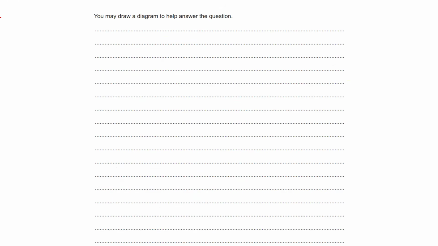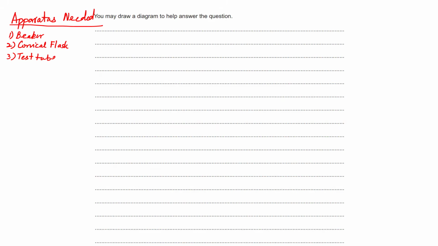So let me make a list on the side. Apparatus needed. Okay. So number 1 would be beaker. You can have a conical flask. You can have test tubes, multiple of them.